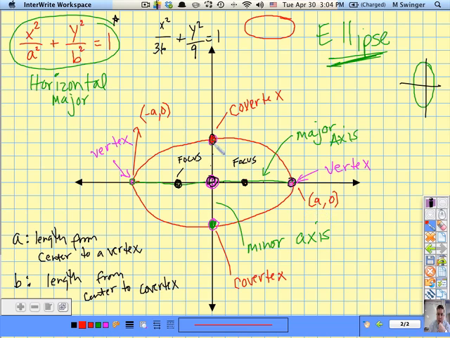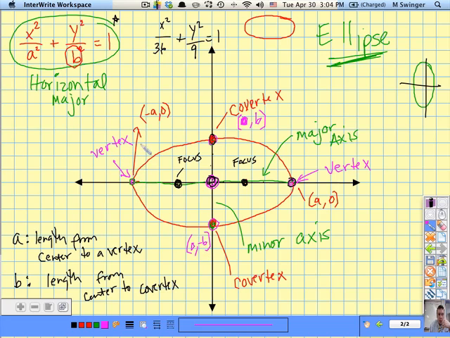For the co-vertex, you always have to think that it deals with b. Co-vertex is your b value. Since it's up, it's (0, b). It's easy to confuse that if you're not studying much. And this one would be (0, -b).